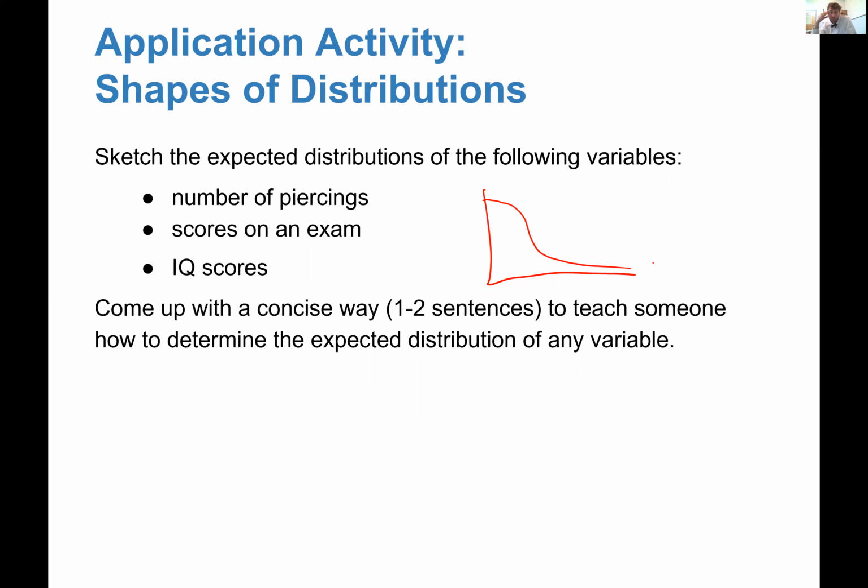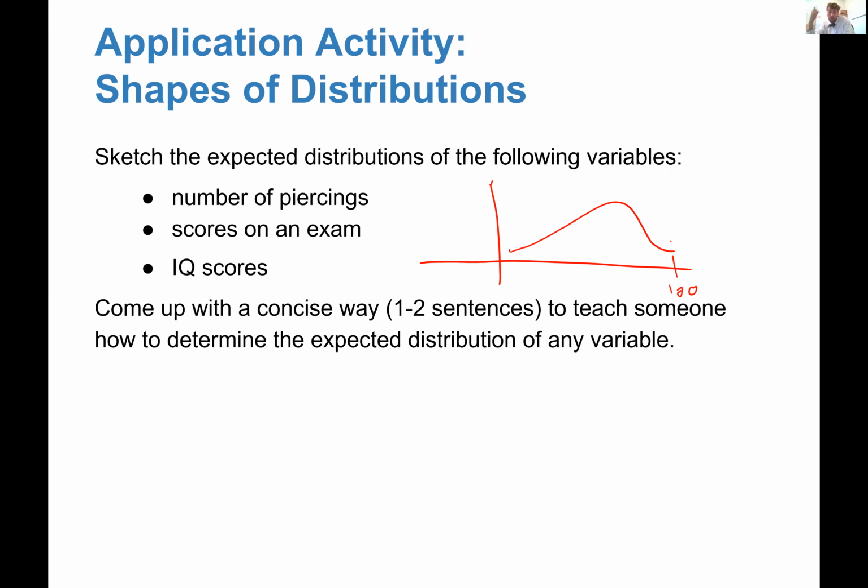What about scores on an exam? Well, let's say we're in a class, and it depends on whether there's grade inflation or not. Say we're in a class with some grade inflation. This is like 100. Then it's going to look like that. Whereas if we're dealing with a class without much grade inflation, it might be more like that.